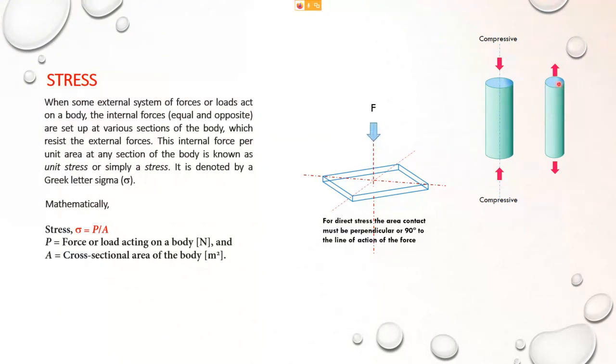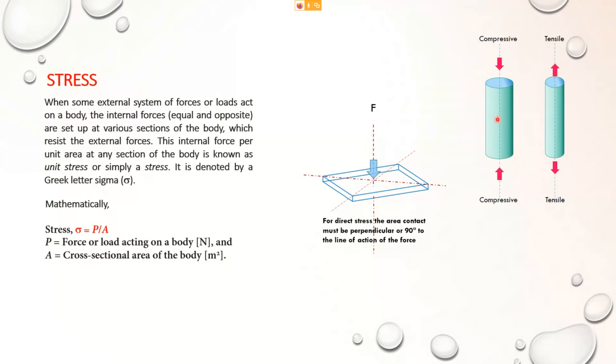A tie is when the object is subjected to a pulling force like this. And we call this a column when the force acting on the object is compressive. This is tensile, pulling, and this is pushing. When it is subjected to tensile force, we call it a tie, T-I-E. When it's subjected to compressive force, we call it a column.